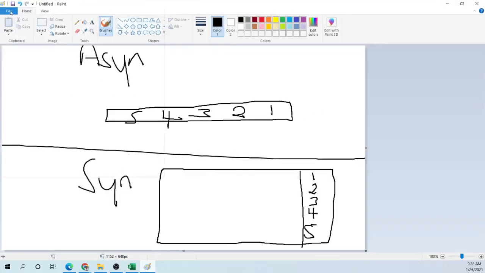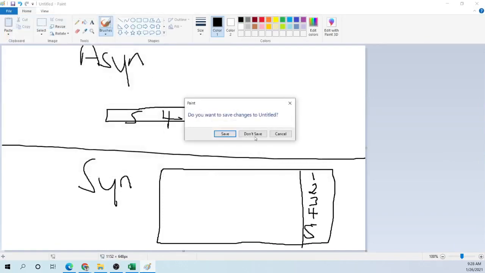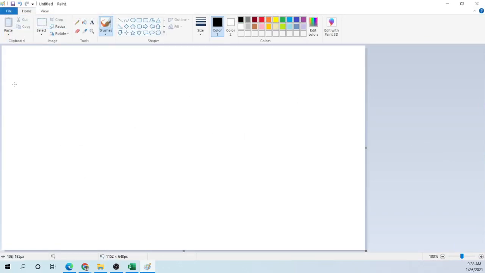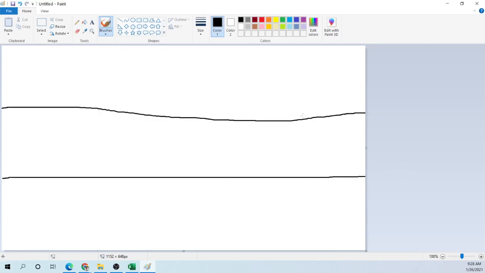So if we were to draw another diagram, wow, that was almost perfect. So we have simplex, then we have half, then we have full.